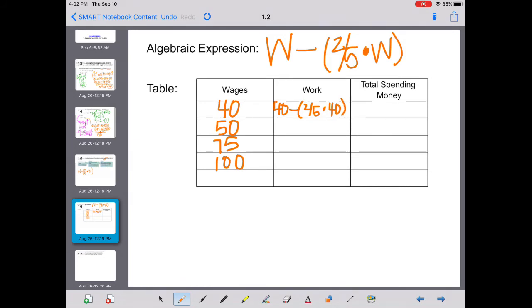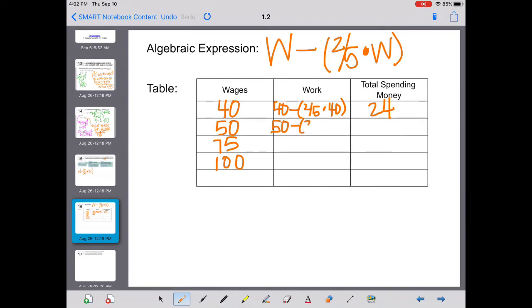Well, 2/5 times 40 happens to be 16, and 40 minus 16 gives us 24. You're left with $24 after you've put 2/5 of your money into savings.